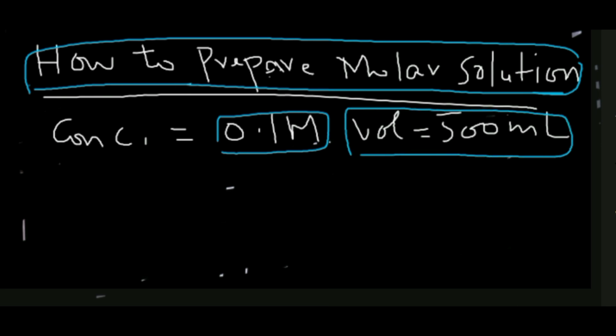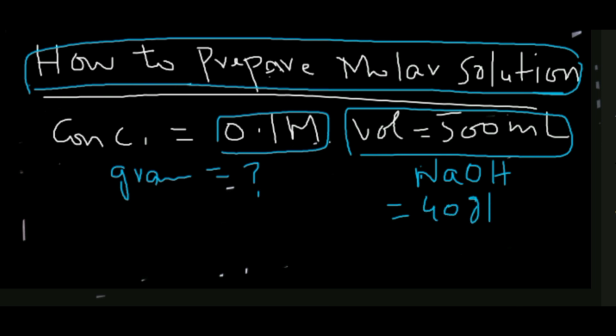How can this solution be prepared, or how many grams are needed to prepare it? We have to determine the grams needed, and that will be a solution of sodium hydroxide, or caustic soda, which has a formula weight of 40 gram per mole.